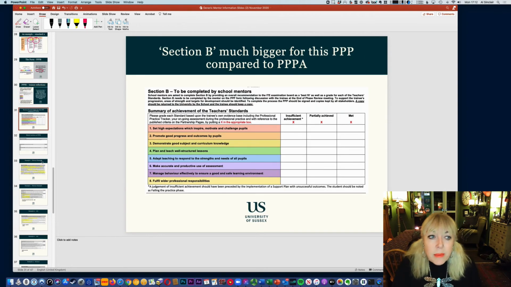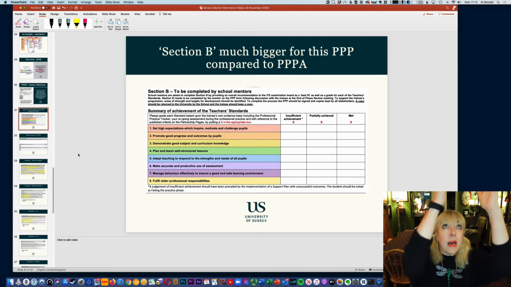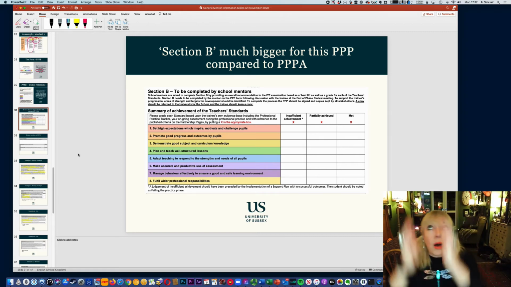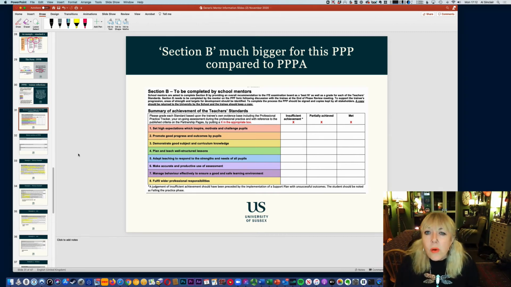Now, when it comes to your bit, you will look at their evidence and think, are we working towards? Are we met? Or are we very much still, I don't know, gasping for air and almost sub-novice? You know, we really haven't got a clue what's going on and we're not trying very hard either. So if you don't think there's enough evidence that they've started moving towards these standards, then we click that insufficient evidence.